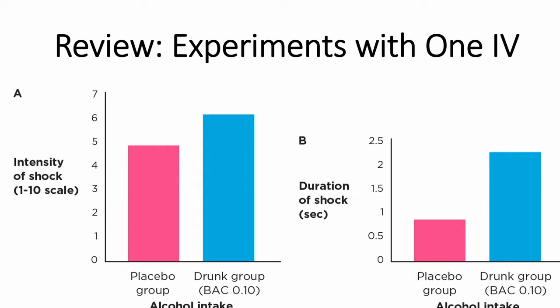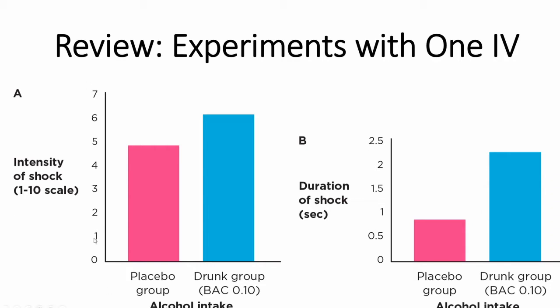But when this quote-unquote player made a mistake, the participants were able to give that player a shock as some form of punishment. The participants could decide how intense of a shock they wanted to deliver, but they could also decide on the duration of the shock. Do you want to deliver that shock for longer or for less time?